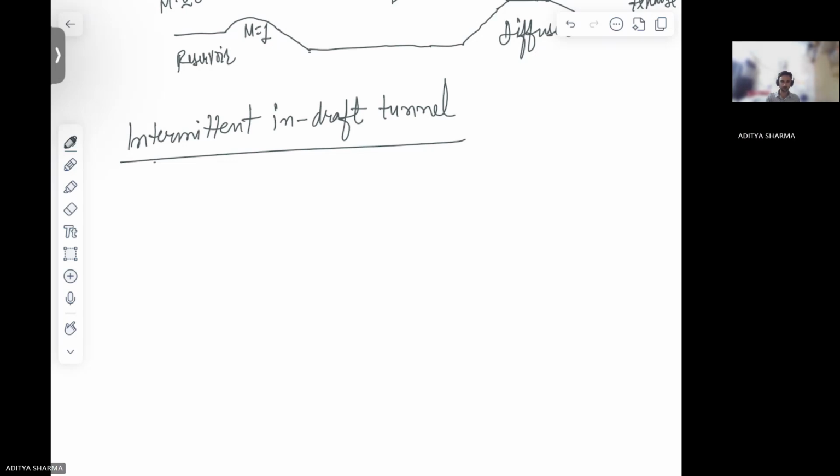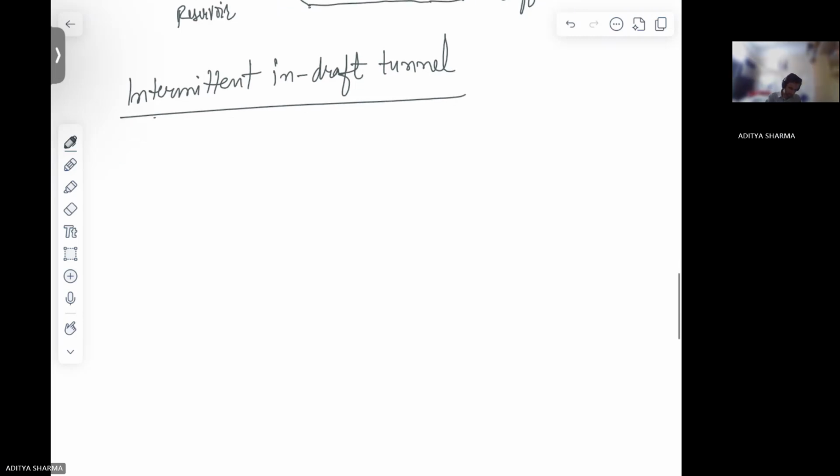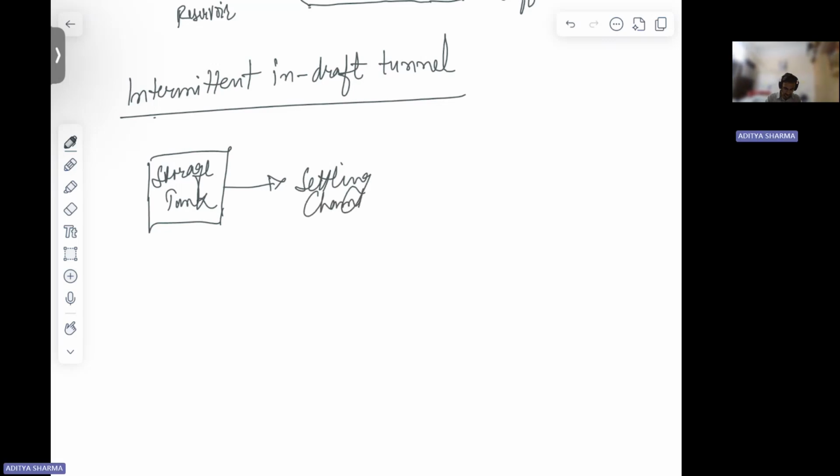So here first we have a storage tank. Then we have valves. Then we have a settling chamber.